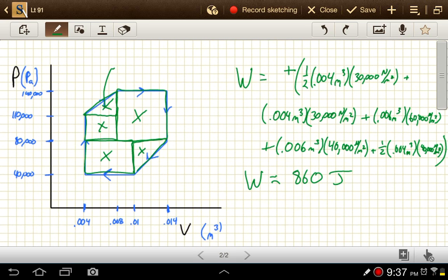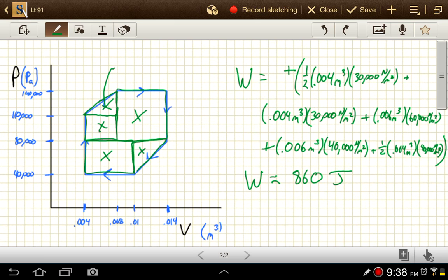We just have to decide whether it's going to be positive or negative work based on whether our expansion takes place at a higher or lower pressure. If expansion takes place at a higher pressure, then we have positive work done by the gas. At a lower pressure, we have negative work done by the gas, or positive work done on the gas in this case.